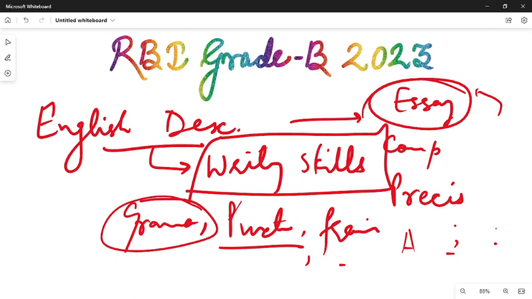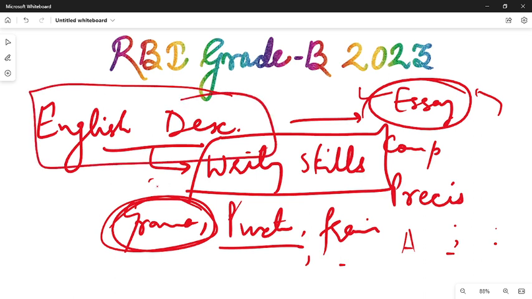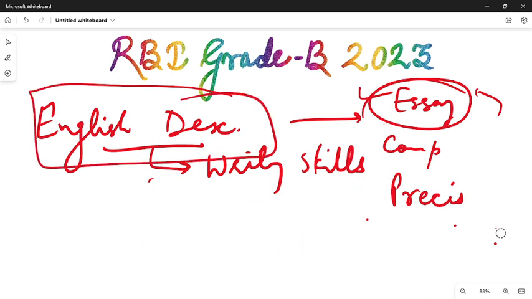They will be using grammar to judge you, that is, whether your grammar is correct, whether you have used the correct tenses, whether you have used the correct adverbs or adjectives in the manner in which they need to be used. Everything will be used to judge you in a particular essay or in the English descriptive portion. So this is the main thing that you need to keep in your mind.